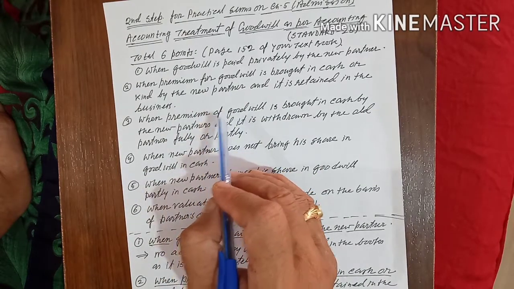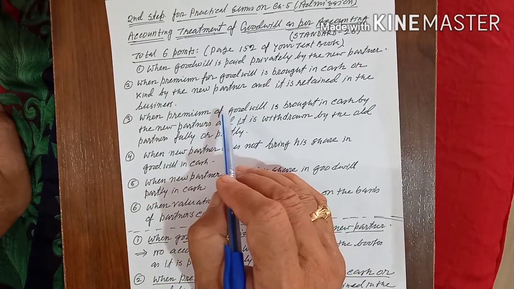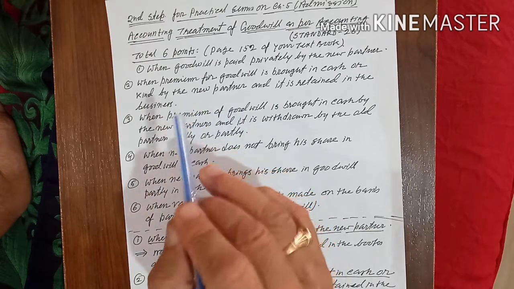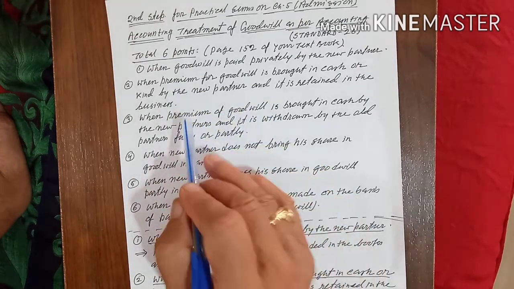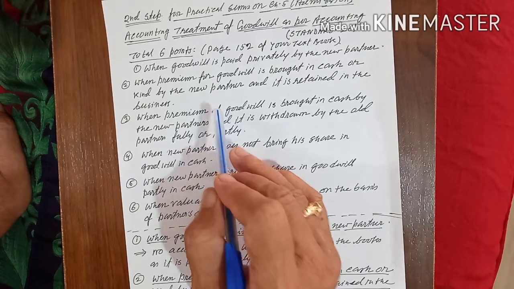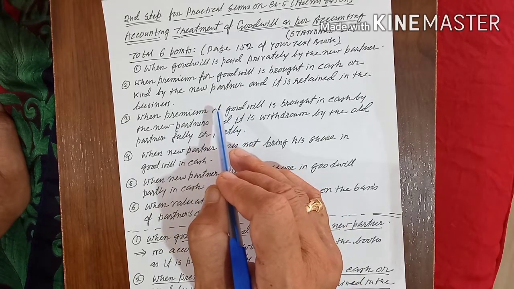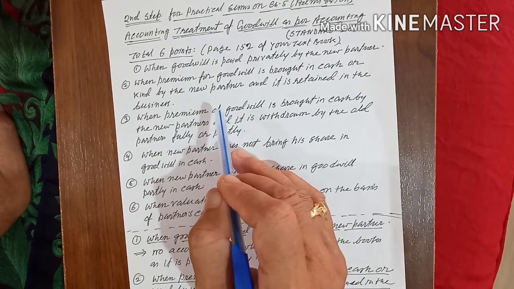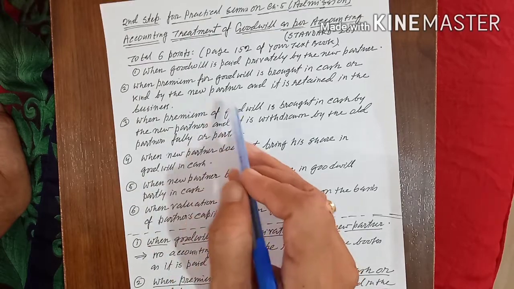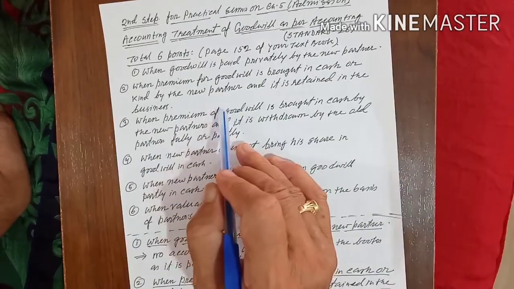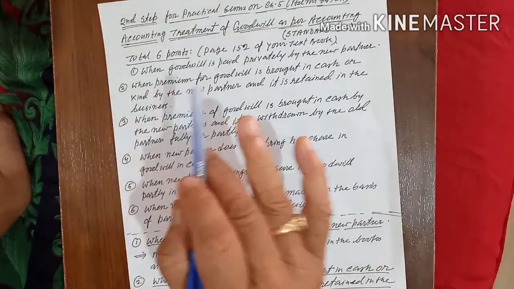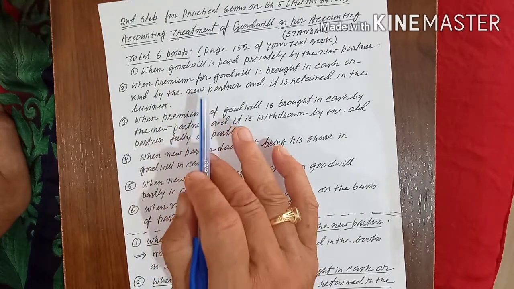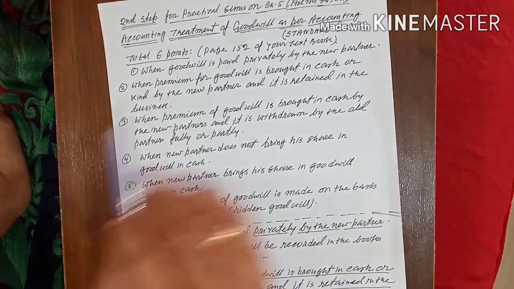How will you calculate the amount of goodwill brought by the new partner? Once you are able to calculate, then the second question comes: in which ratio it will be distributed, to whom, which account will be debited, which account will be credited. So many confusions will be there. So I am telling you a very simple method, a simple formula, to follow.